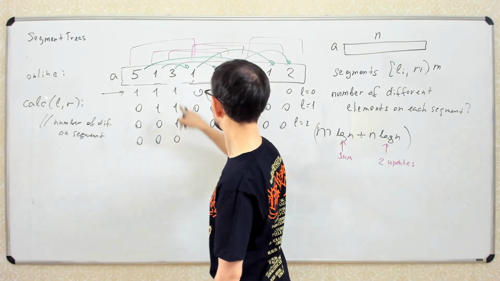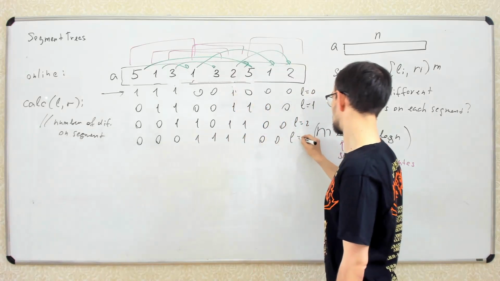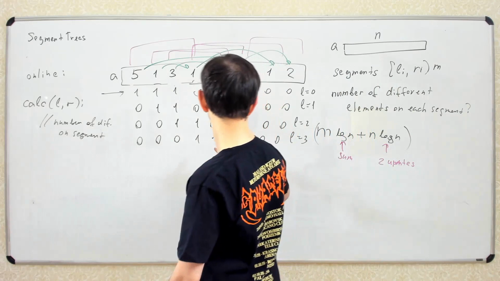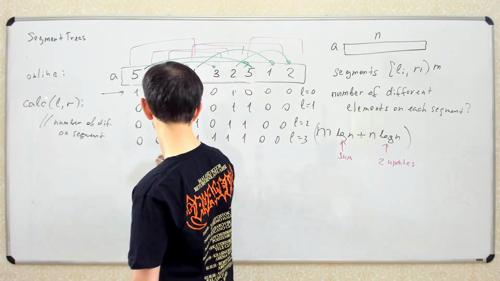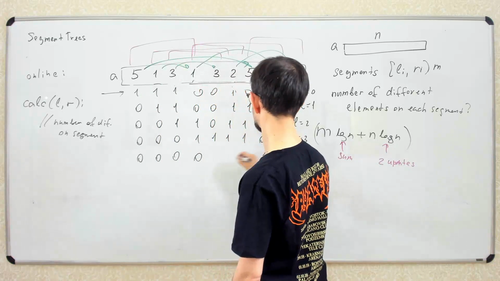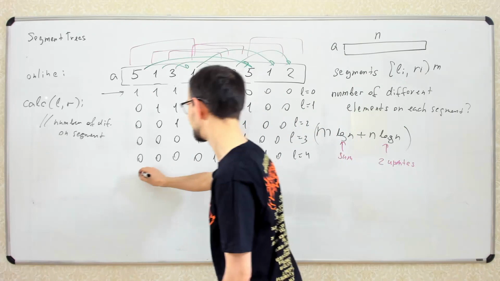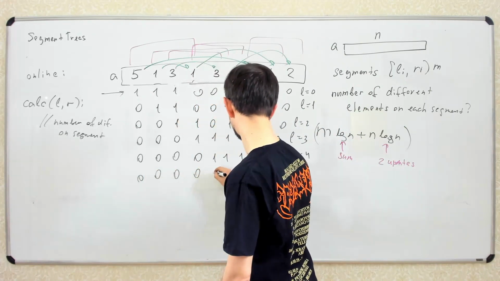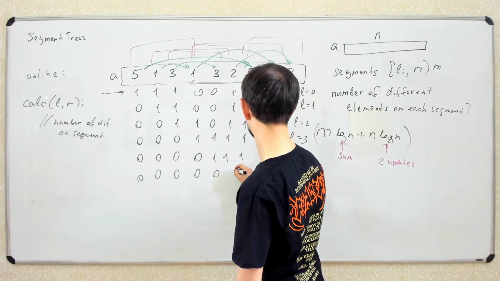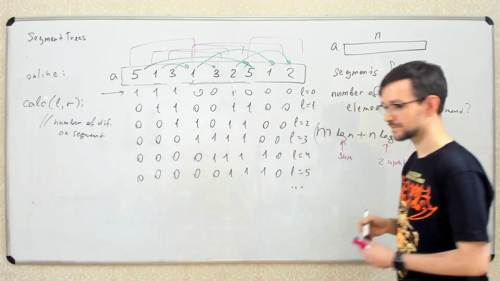Then you remove this, you add this. If L equals 4, let me remove this, add this, and so on.